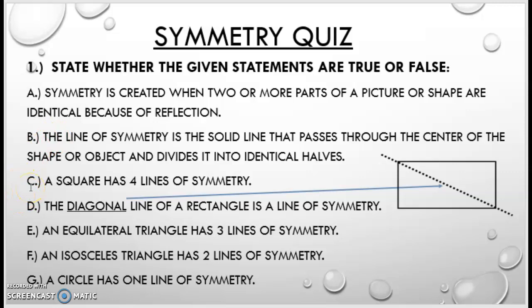C. A square has 4 lines of symmetry. D. The diagonal line of a rectangle is a line of symmetry. E. An equilateral triangle has 3 lines of symmetry. F. An isosceles triangle has 2 lines of symmetry. And G. A circle has 1 line of symmetry.